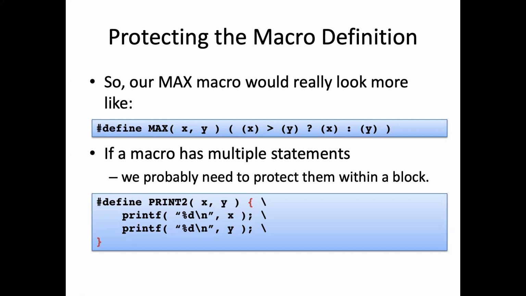You could write a macro that you expect to use as a statement, and that's what I did at the bottom, a macro that expands to 1 or more statements that get executed.